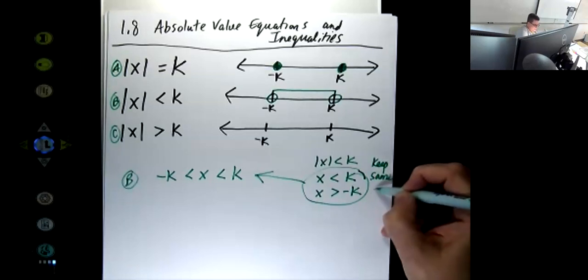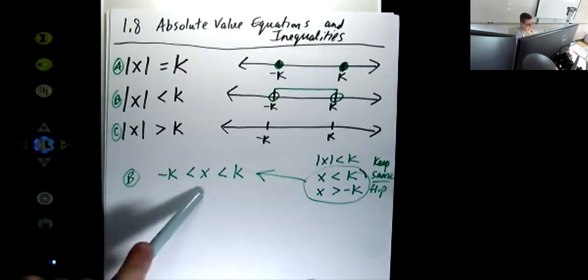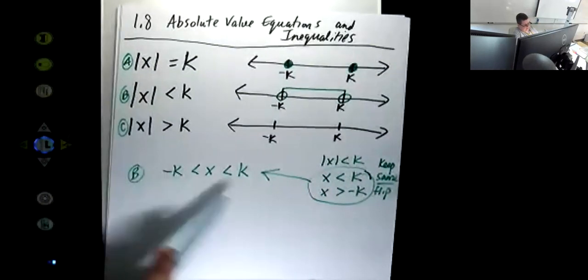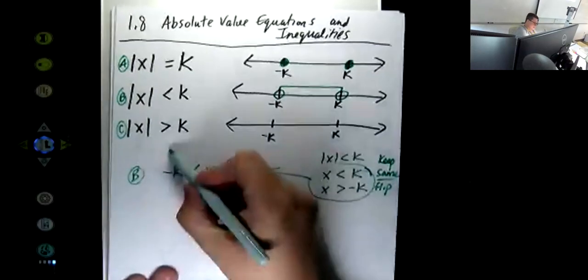And then you have a flip. Flip the signs and the inequality. You can see if I rearrange them and put negative k on the left of x, I would have negative k is less than x. And then I still have x is less than k, and so it kind of makes this sandwich thing.